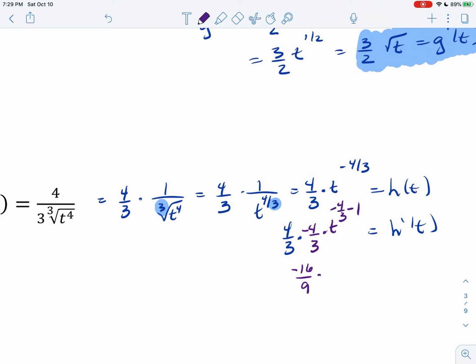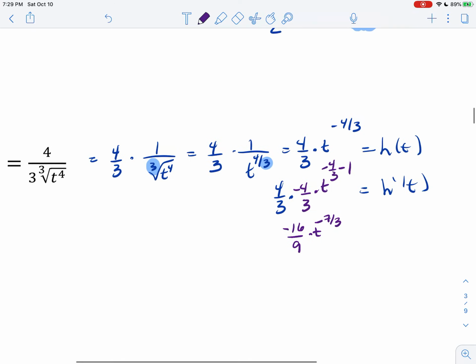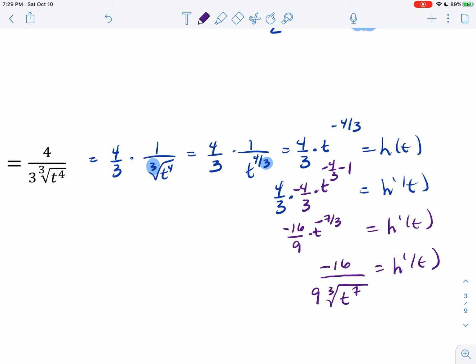And minus 4/3 minus 1 is minus 7/3, right? And this is going to be t to the minus 7/3. So I can still take that downstairs, and I can say that this is minus 16 over 9, and I can put it back in my radical, and I can say that that's t to the 7th. And if you wanted to simplify that radical, you can, or in this case, you can just leave it the way that it is.